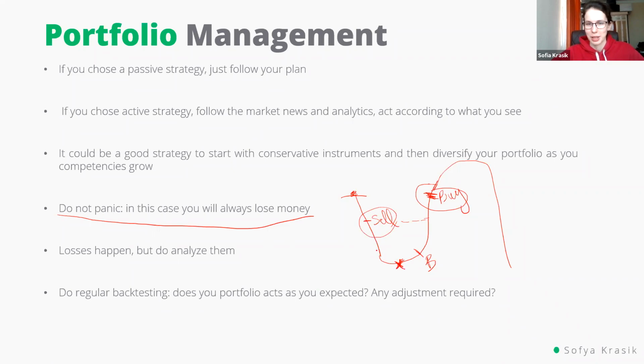So when the market is here," she said, "it's clear that you need to buy assets here and sell it here." And this was quite funny, because you never know how it happened, and if everyone knew when it happens, probably everyone would do this.